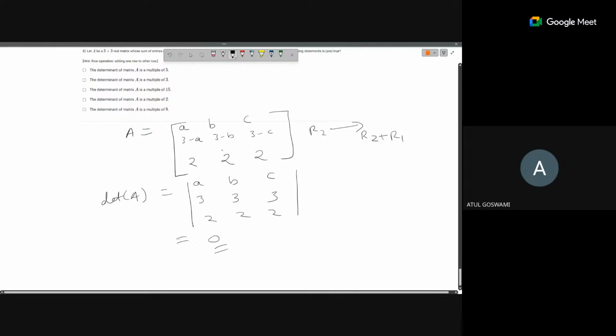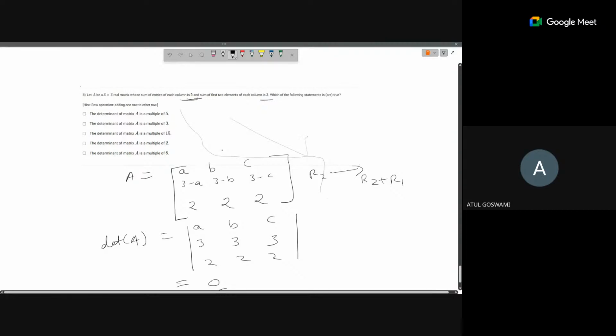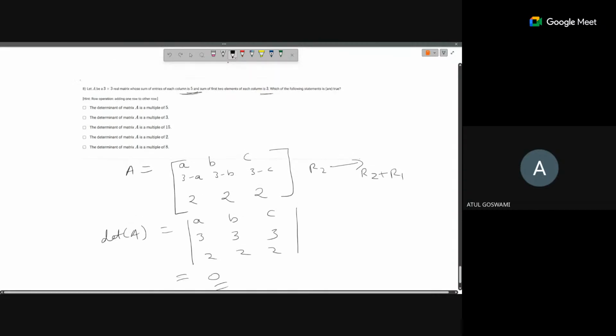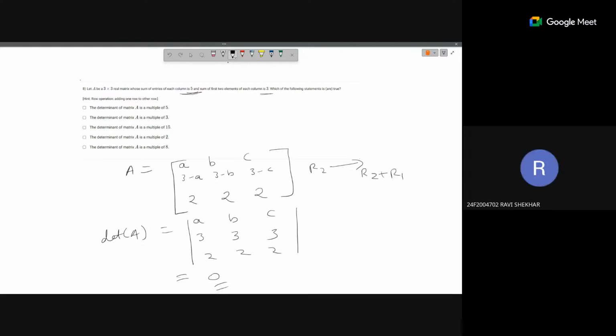Okay. Now I'm just saying the determinant is 0. Okay. Why? So that is actually we doubt ourselves. The determinant is 0 definitely. But the determinant of A is a multiple of 5. Is 0 a multiple of 5? Yes.